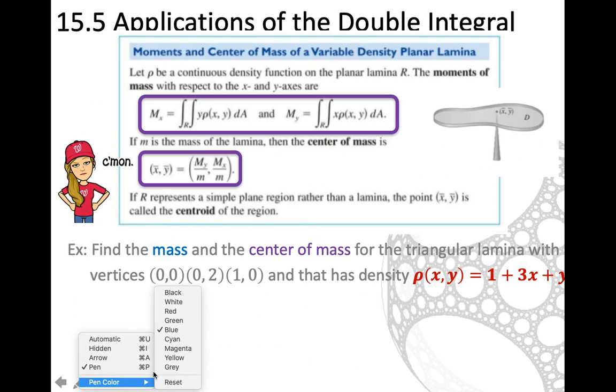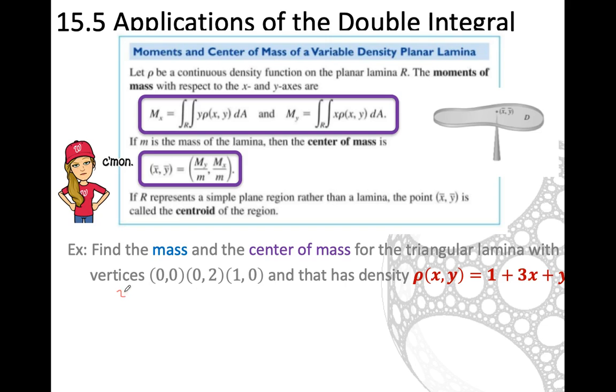But now to find x bar, I need to take 1 divided by 8/3 times the integral of x, since x bar goes with x, times my rho function, keeping my same limits of integration.